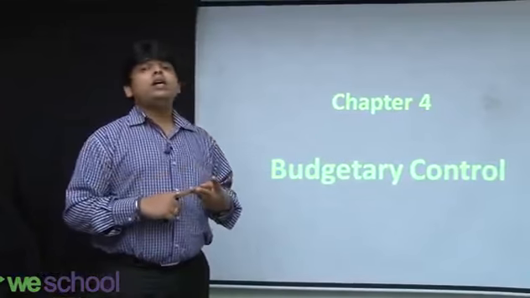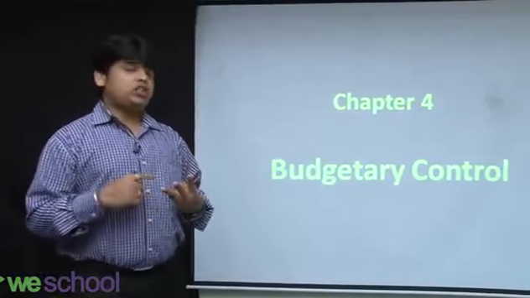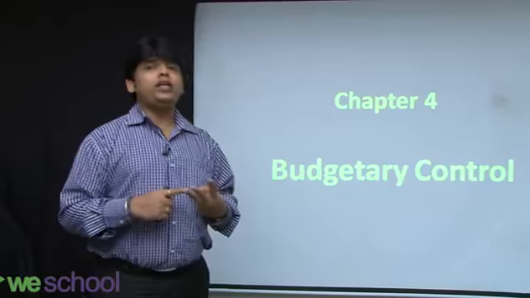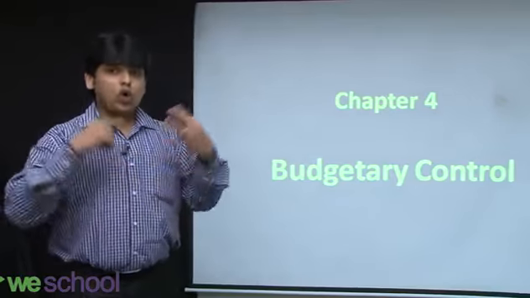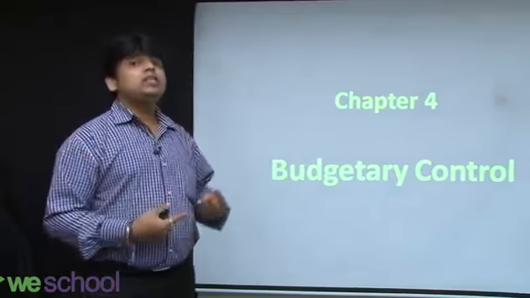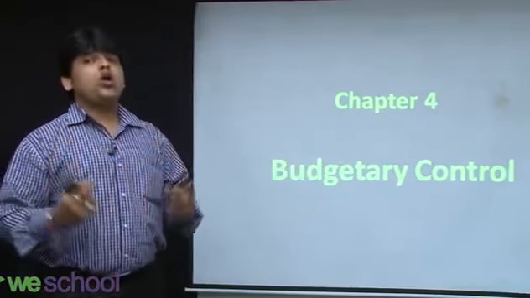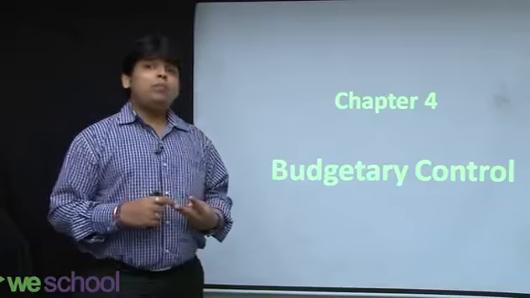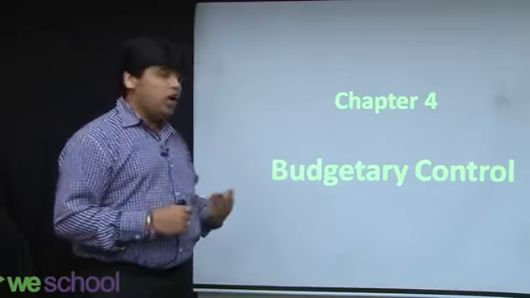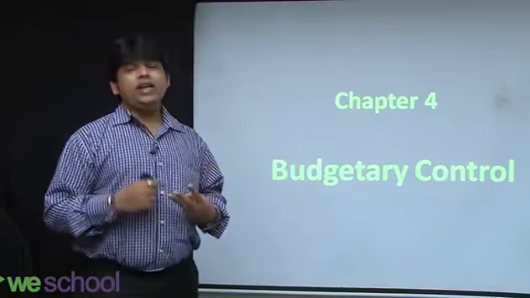Then cost accounting gives an important technique to have control on the overall efficiency of the business, that is, to improve the efficiency of the business and to reduce the overall cost of the operation. For that the company implements one technique called budgetary control, which we are going to do in detail in this given chapter.